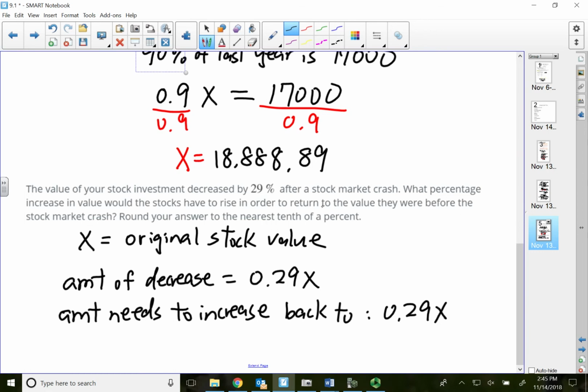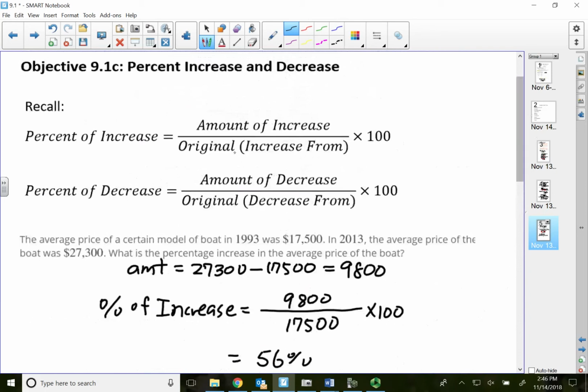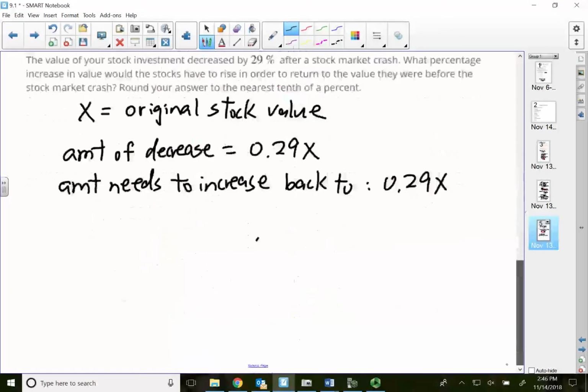Remember, this problem wants the percent of increase. Percent increase is the amount of increase divided by where you increase from, then times 100.